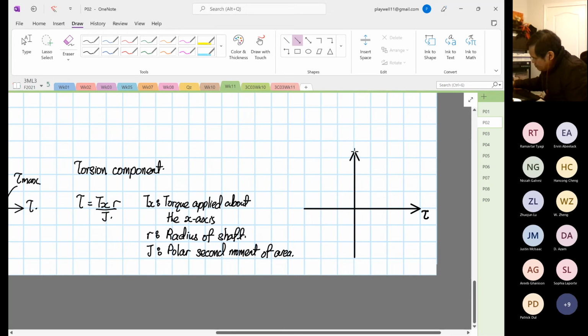This is only a function of our radius, so it will look like this. The maximum is at the outer radius, at the center the stress is equal to 0, and then it goes the other way. This position is the centroid.